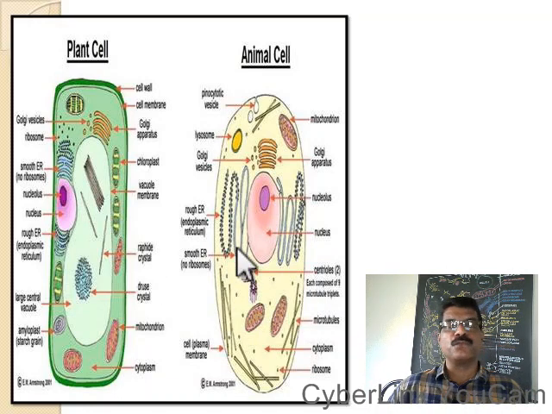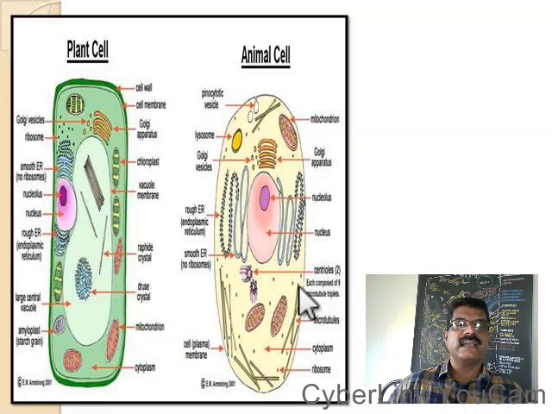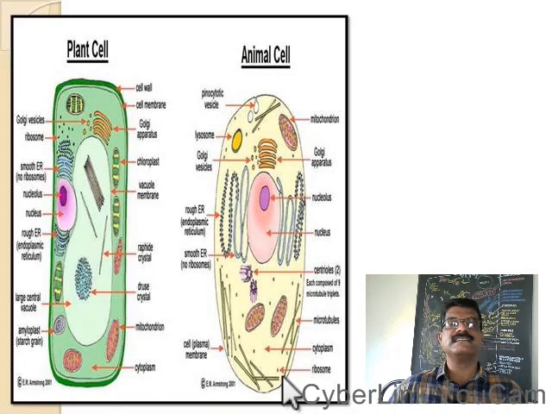That jelly-like fluid which is present in between the cell membrane and the nuclear membrane is known as the cytoplasm. Okay, that is called the cytoplasm. Cytoplasm is a jelly-like fluid which is present throughout the cell.